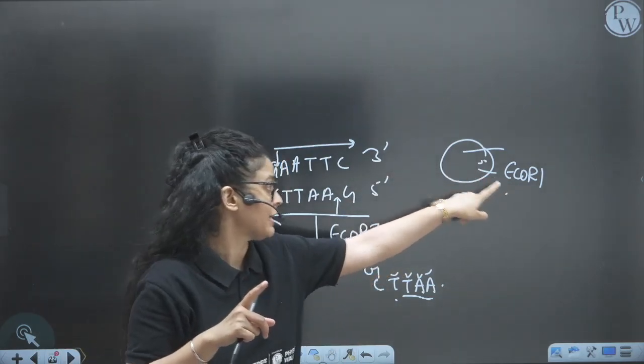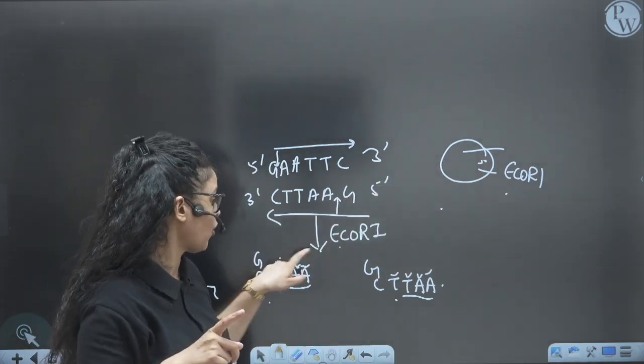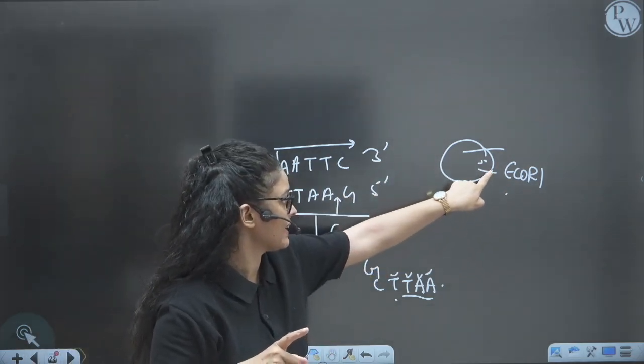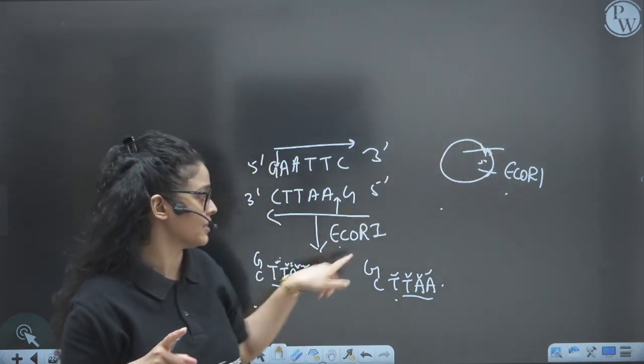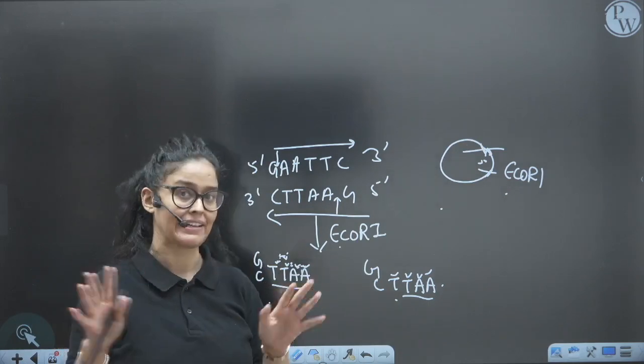If we use EcoRI to cut this DNA and this DNA, we will get the complementary overhang here so that we can paste it there with the ligase enzyme very nicely.